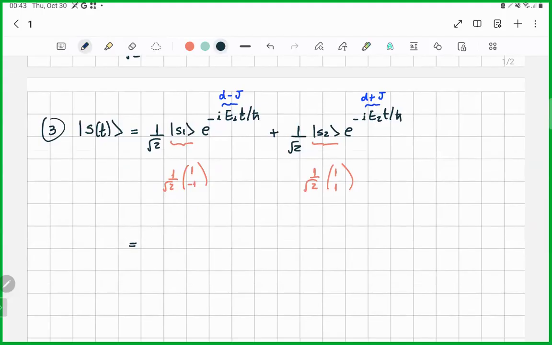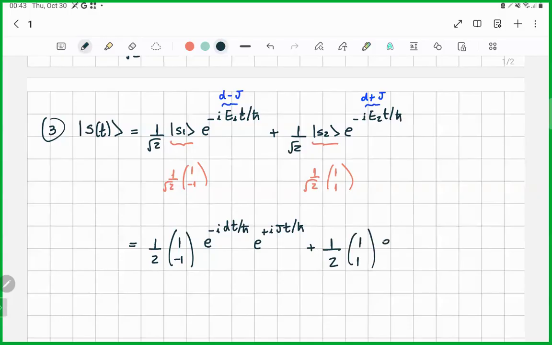We have 1 over square root of 2 times 1 over square root of 2, that's 1/2, times 1 and minus 1, and here we have the exponential of minus i D t over h bar and plus i J t over h bar. And the other one, again 1/2, 1 and 1, minus i D t over h bar and minus i J t over h bar.